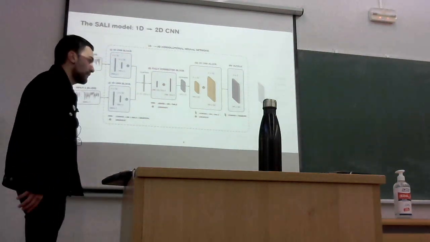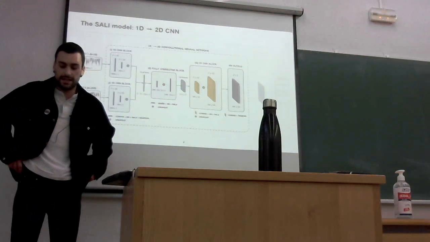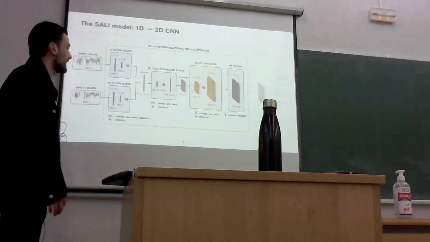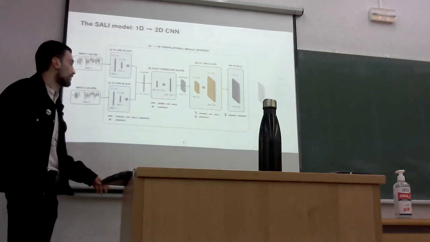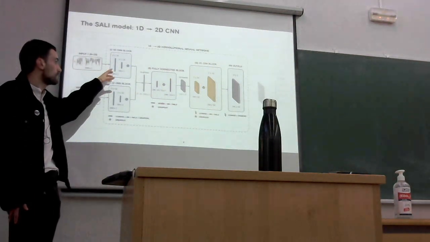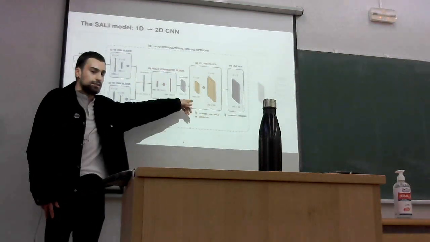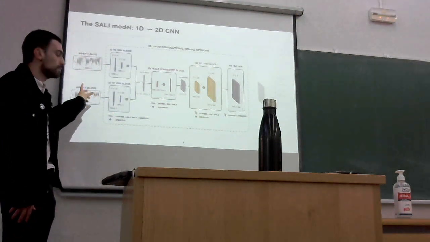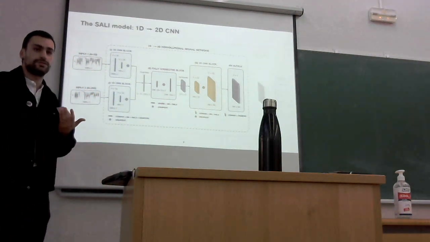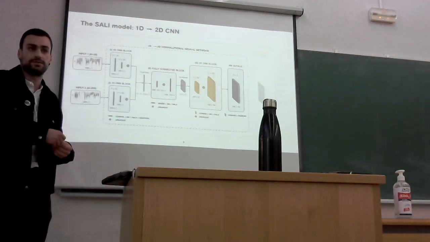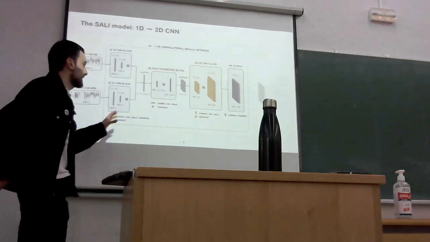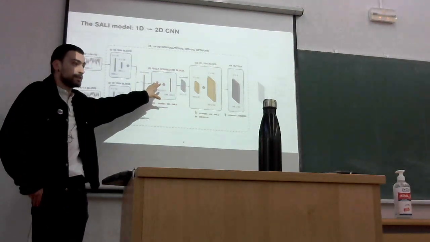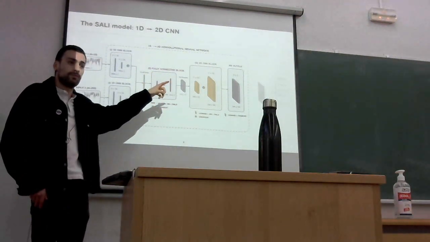Okay, first I'm going to explain roughly how this neural network works. I'm not going into much detail, but it's formed of three blocks: the one-dimensional convolutional block, the fully connected block, and the two-dimensional convolutional block. The first block takes the input signals and extracts information about the patterns, the ups and downs in these signals, and then gives this information to the intermediate block, which connects the two convolutional blocks.